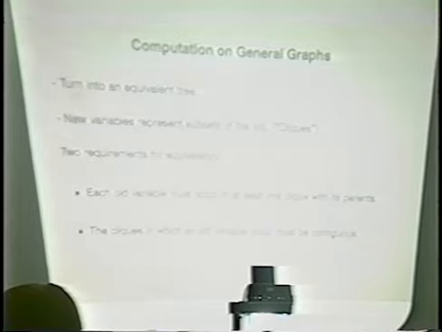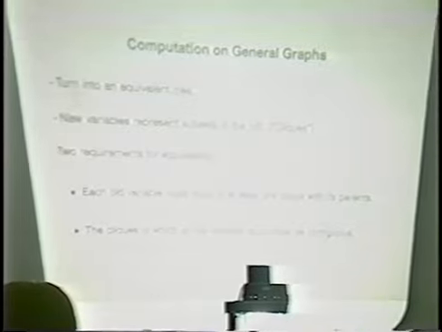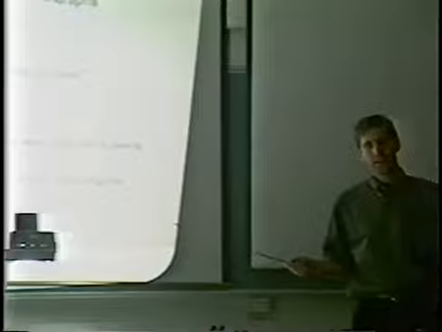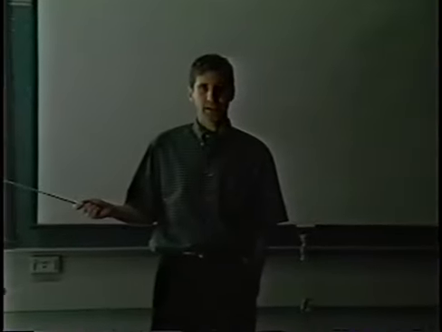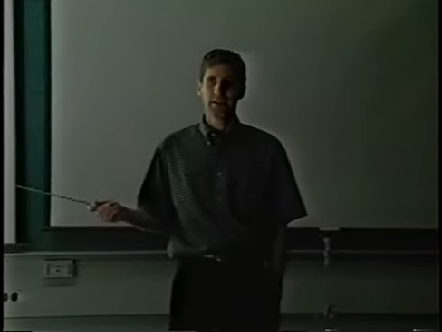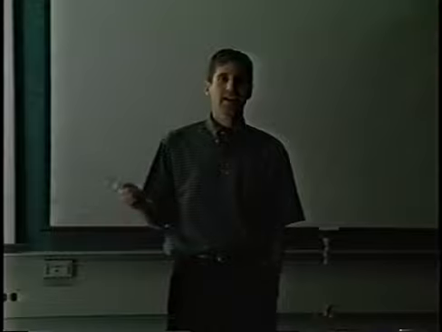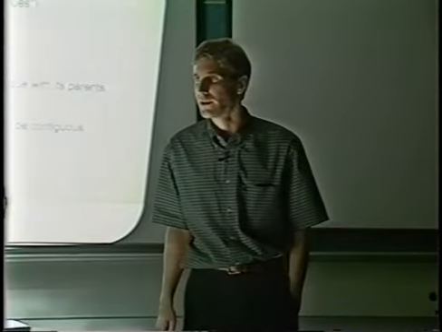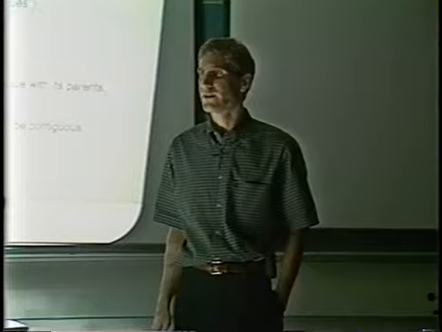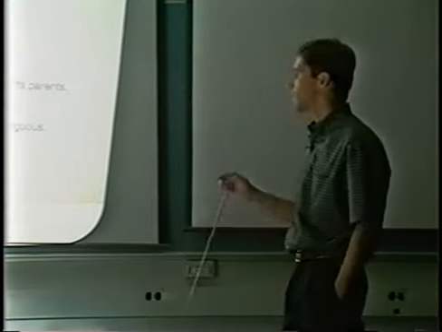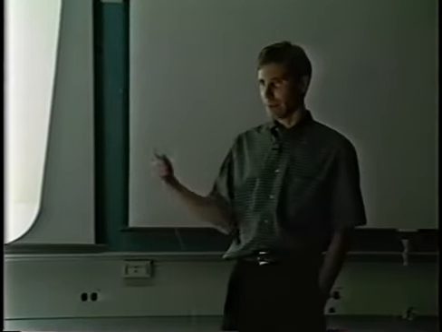And that is that each variable in the old representation has to occur in at least one of the new variables with its parents in the old representation. That's the first requirement. Second requirement is that, yes? Parents and the variable have to be in the same clique. Right. The second requirement, parents means immediate parents, the immediate predecessors in the graph, the things that it's conditioned on.